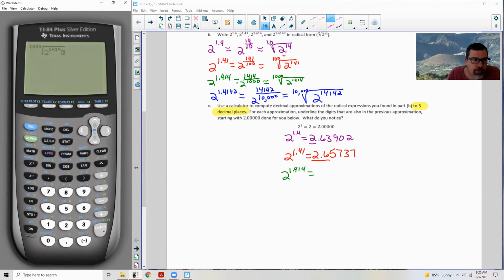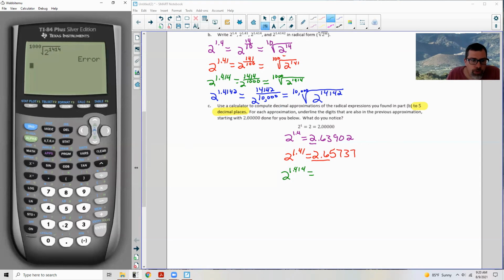What did I do wrong? One-thousandth root of 2 to the 1,414. Enter. Oh, error, overflow. So the calculator can't even do this. Interesting.